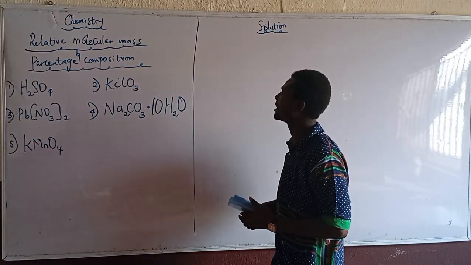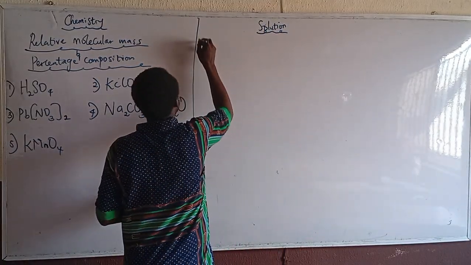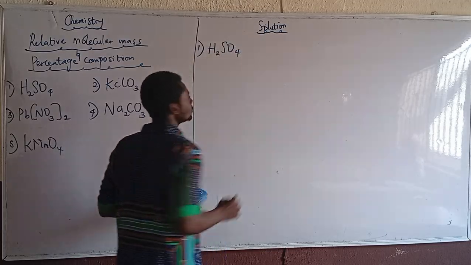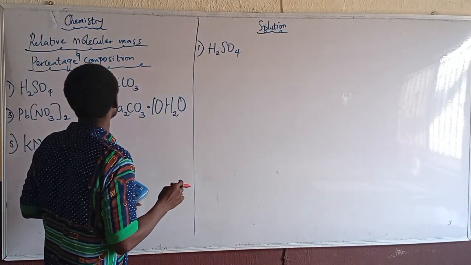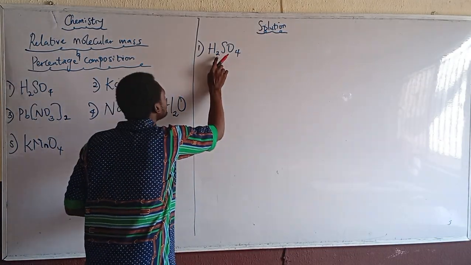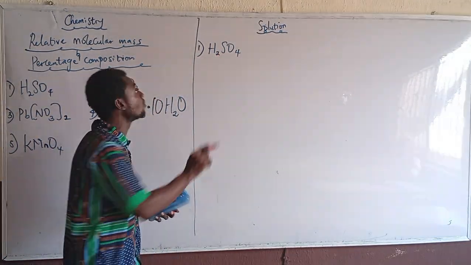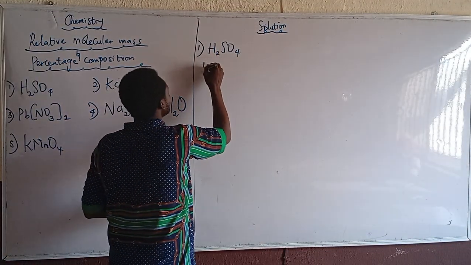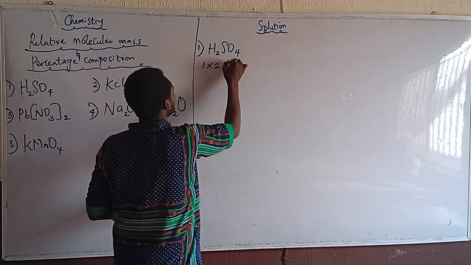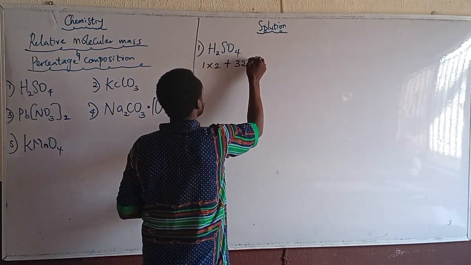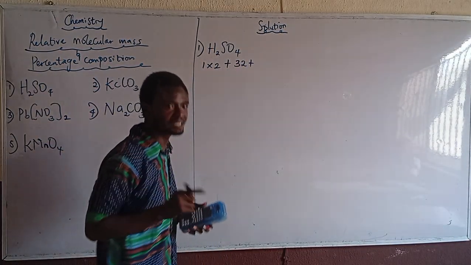So the first one here is H2SO4. To calculate relative molecular mass, hydrogen is 1. But because I have two atoms of hydrogen here, it becomes 1 times 2. Then plus sulfur is 32, then plus oxygen is 16.